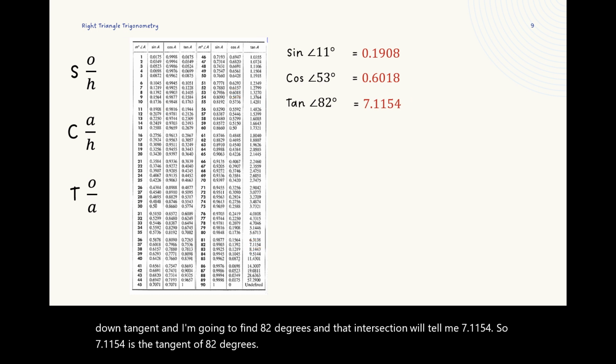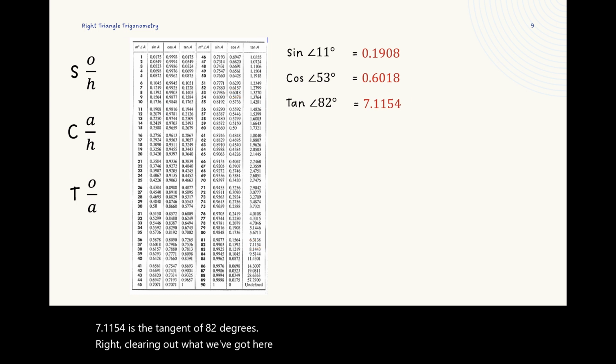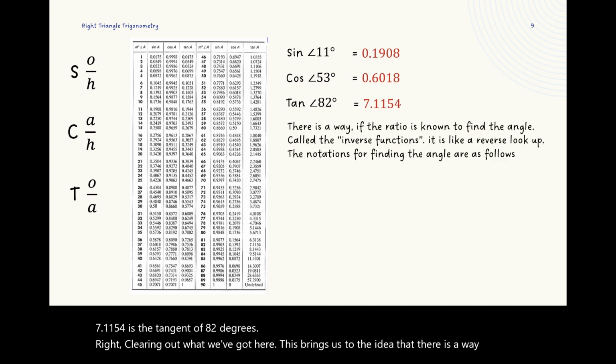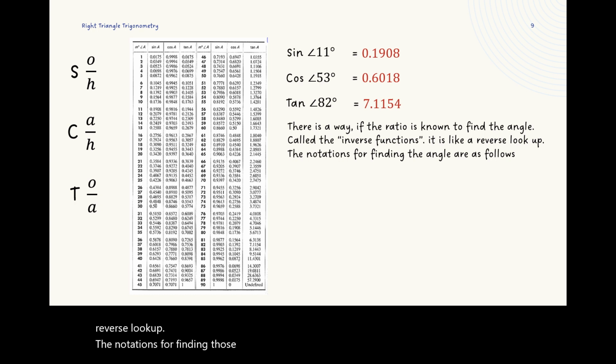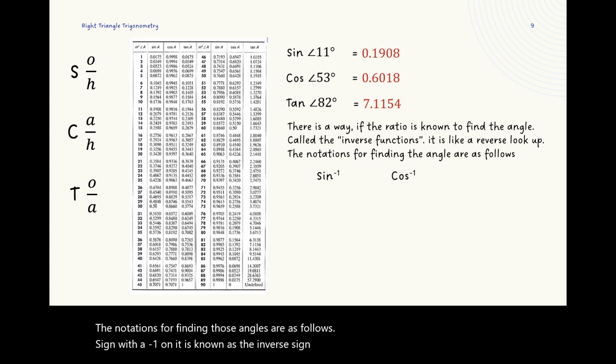All right, clearing out what we've got here. This brings us to the idea that there is a way, if the ratio is known, to back find the angle, called an inverse function. It's essentially a reverse lookup. The notations for finding those angles are as follows. Sine with a -1 on it is known as the inverse sine, or the reversing of the sine function.